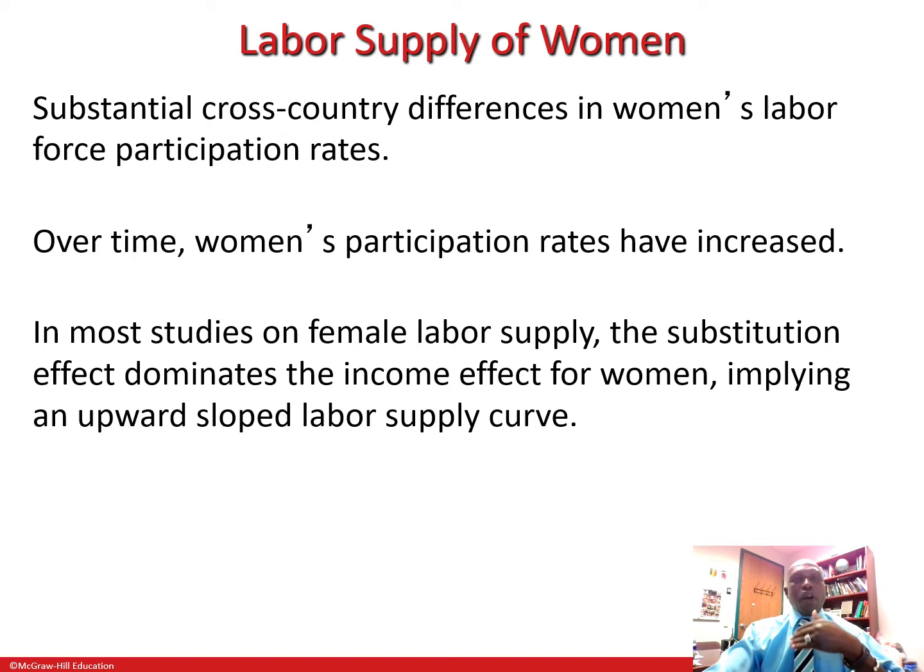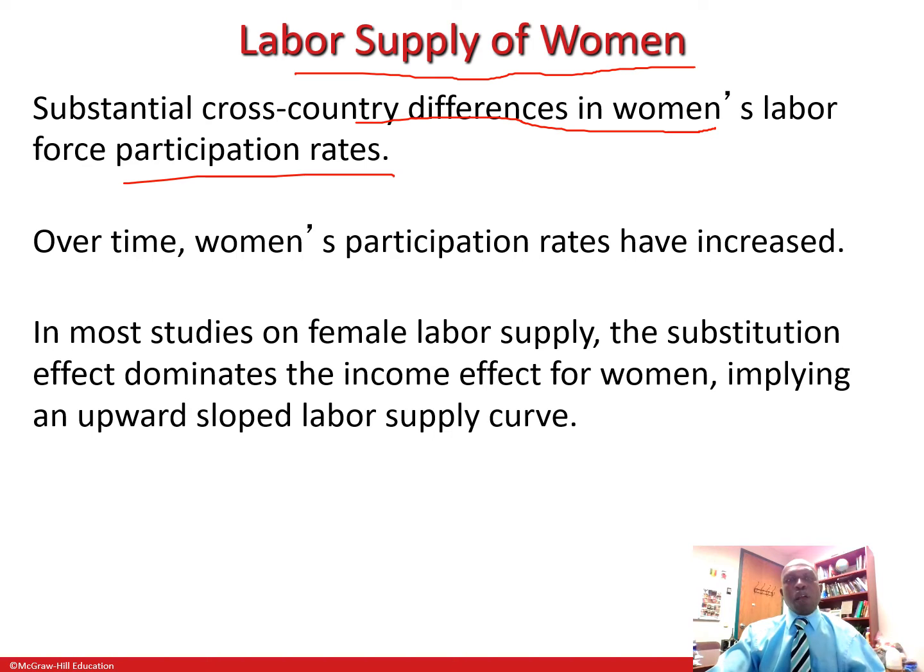Now let's talk about labor supply of women in the U.S. There are substantial cross-country differences in women's labor participation rates. Over time, women's participation rates have increased. So in most studies on female labor supply, the substitution effect dominates the income effect for women.